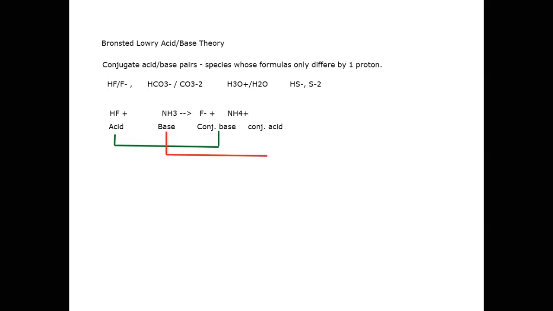So it's always good when you look at a reaction to identify the conjugate acid-base pairs in the reaction. The base accepts a proton, so the base on the reactant side will form its conjugate acid on the product side, and the acid on the reactant side donates its proton, so it's going to form the conjugate base on the product side.